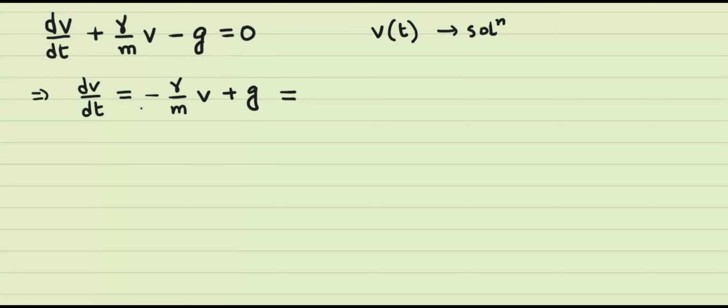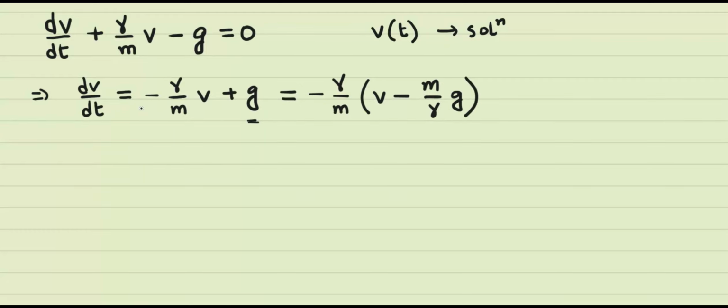I'm going to factor out gamma divided by m from both of these terms, sort of forcefully, so that this term, despite not having an explicit gamma divided by m, we're going to factor out gamma divided by m from this term as well, which results in v, and then in order to account for the positive sign we need to put a negative sign inside, and then we'll have to write m divided by gamma times g.